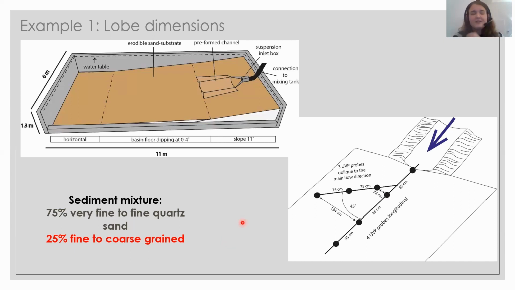And actually the Shields scaling is also one of the reasons that the slope has to be 11 degrees, because if you make it less steep, then again, you're not adhering to your scaling.